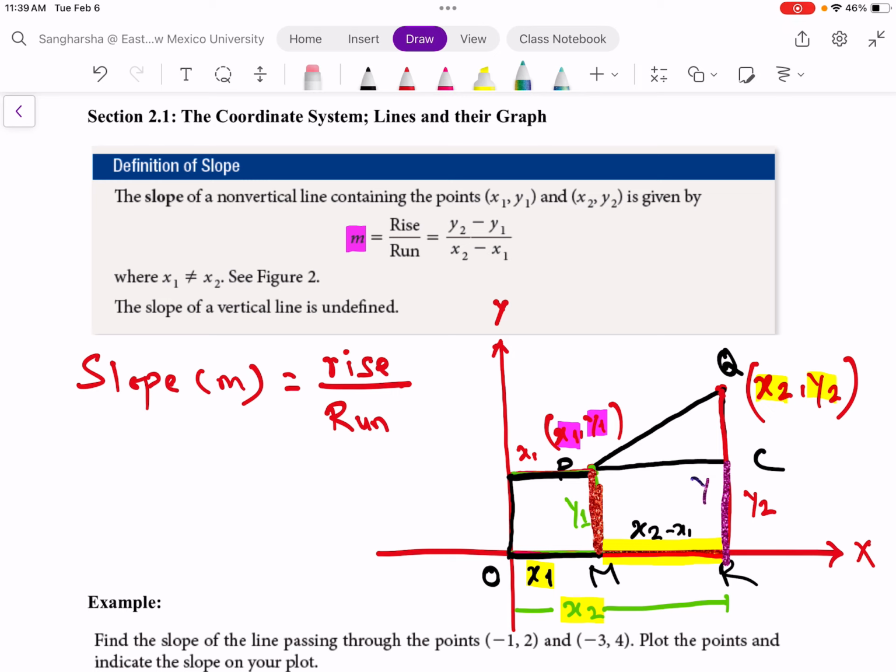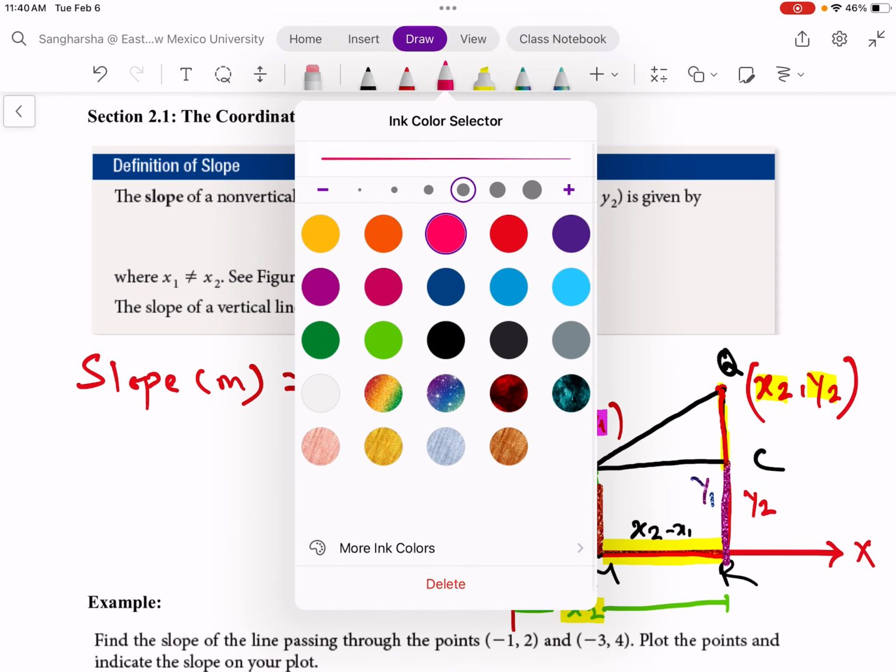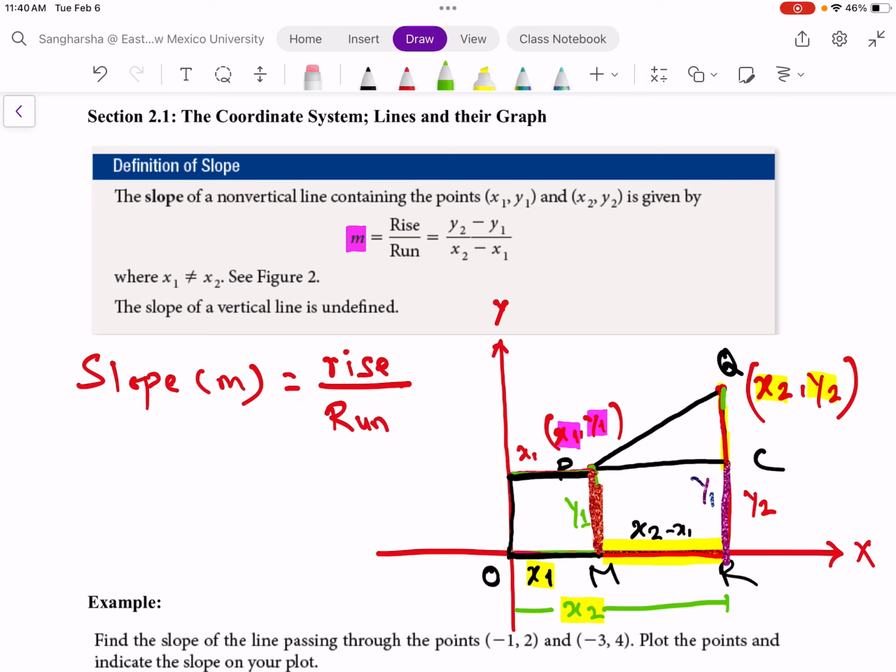Now let's find the distance from Q to C, this QC. What do we know?